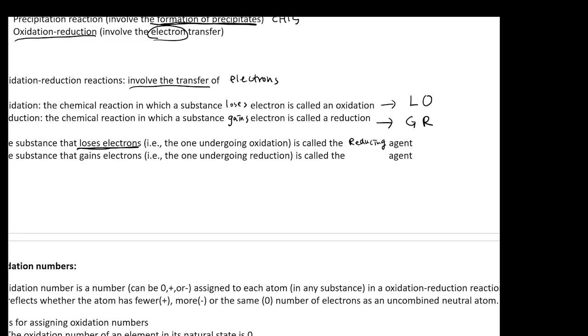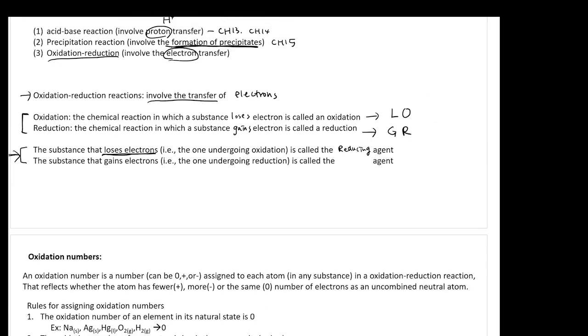On the other hand, if you have a substance that's going to gain electrons from your interacting partner, in other words, you oxidize your interacting partner. This kind of reagent, we call the oxidation agent, or sometimes you'll hear the oxidant. On the top is the reductant.